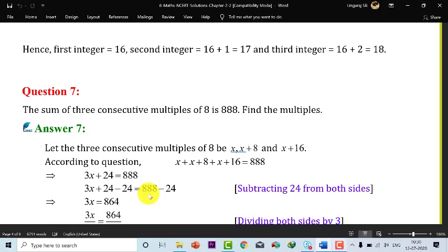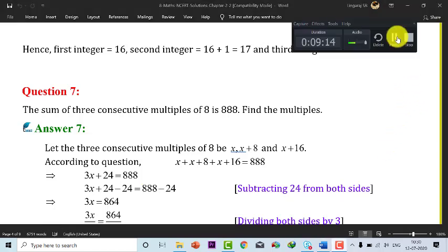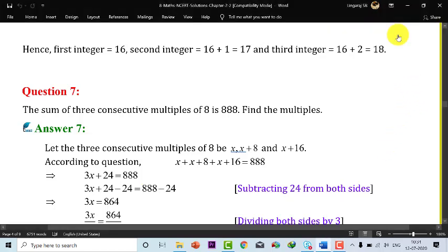So next question is the seventh one. In the seventh question, the sum of three consecutive multiples of 8 is 888. Find the multiples. Here consecutive means 8 ones are 8, 8 twos are 16, like that. So solution: let the three consecutive multiples of 8 be x, x plus 8 and x plus 16.